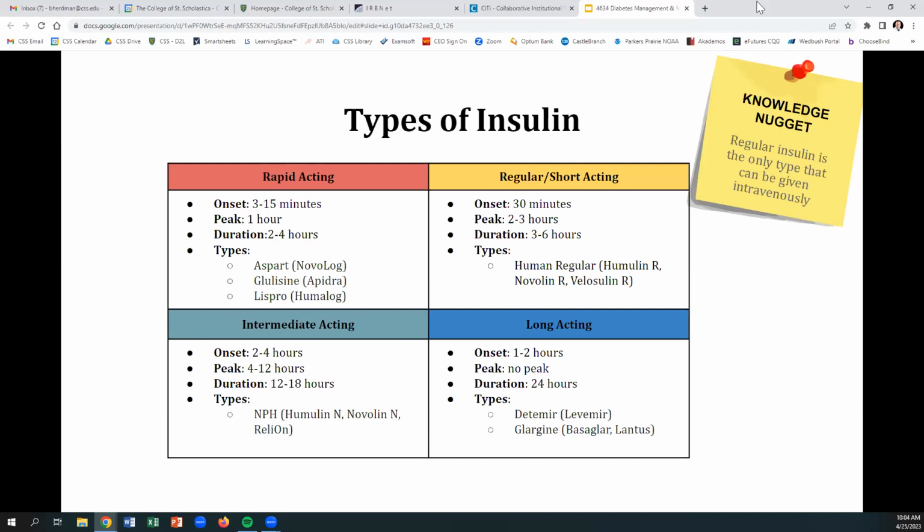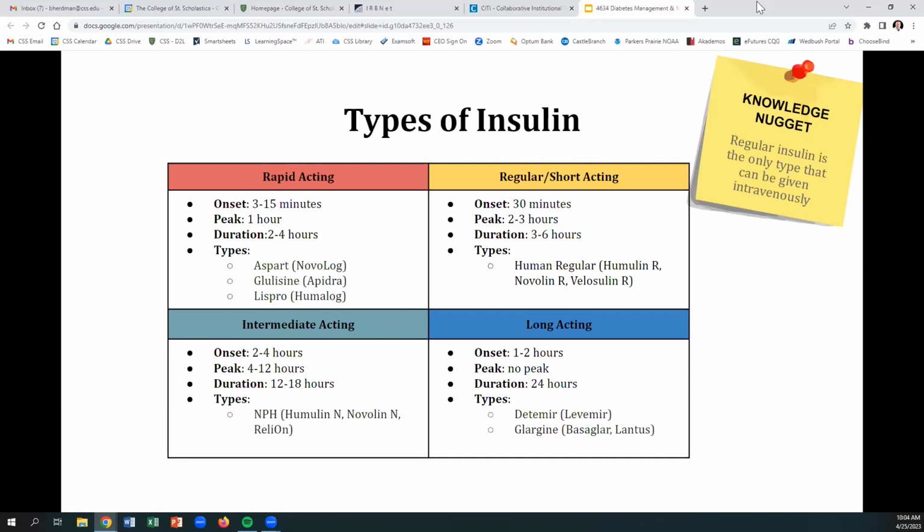If there is more regular short acting insulin than intermediate acting insulin in that ratio, there's going to be a different effect there. So be thinking about this while you're working through this lecture, about how the ratios of each insulin is going to affect the onset, peak, and duration of each type.